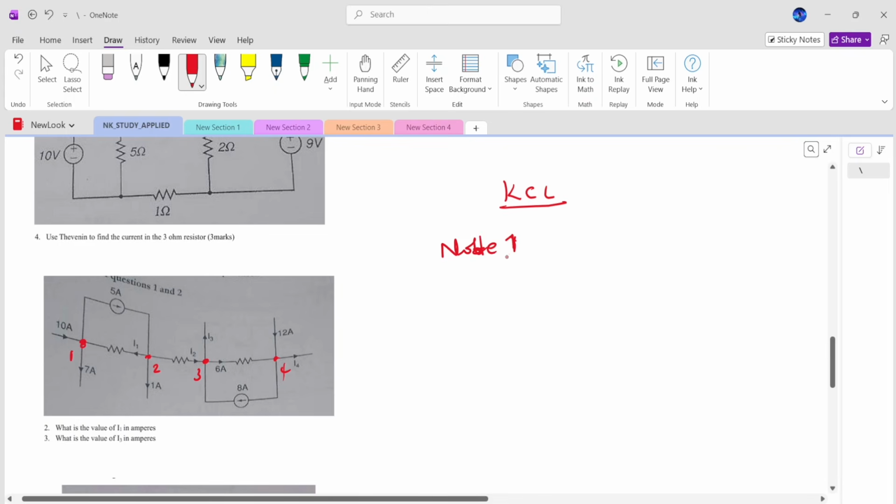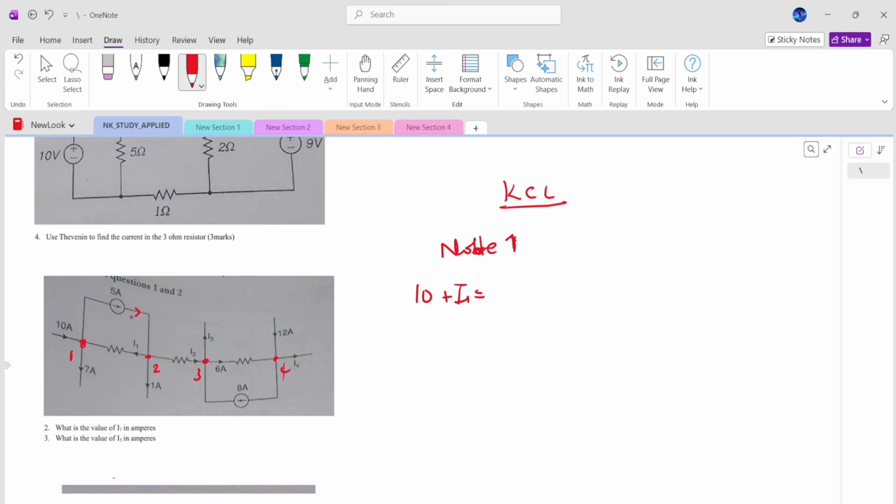If I take node 1, right, and I write the KCL for it, I'm going to say that 10 is arriving, I1 is arriving, 5 is leaving. Look at the current source. This is one of the principles you must know. If you have a current source and it's producing current, the current that leaves the source is the same current that goes back into the source.